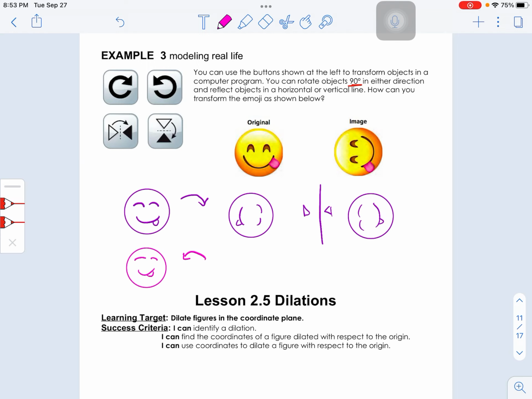So if I rotate counterclockwise, right, that would give me this image. Okay, and then to get it to the final image, I would have to reflect this horizontally. And if I reflected horizontally, it would take me to that final image once again.